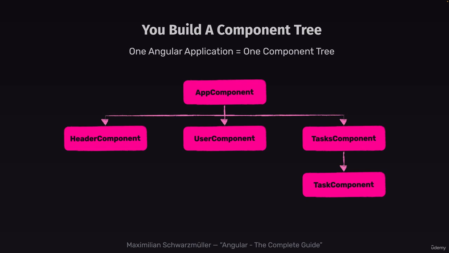And this is not just some arbitrary design decision made by the Angular team. Instead, the idea behind building such a component tree is that those components that are part of the same tree, part of the same Angular application, will be able to work together and exchange data, for example, and communicate with each other, something you'll learn about in depth throughout this course.